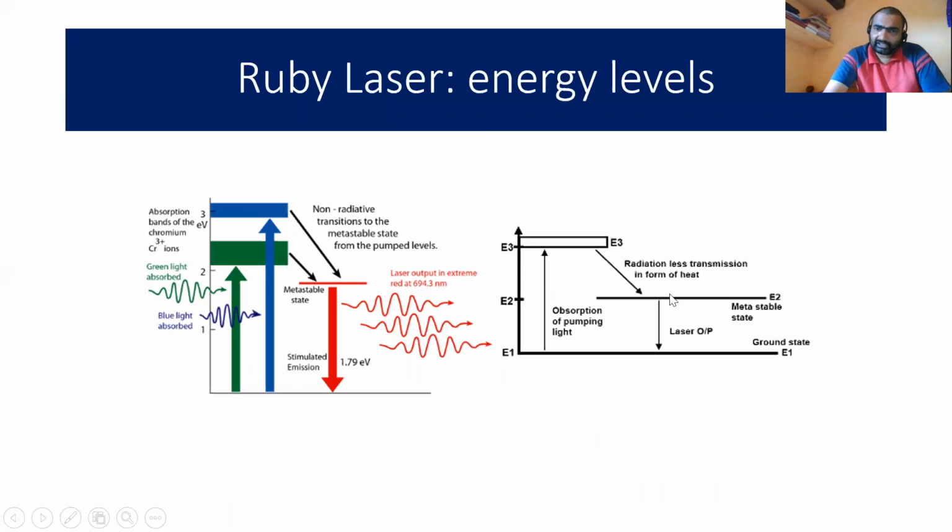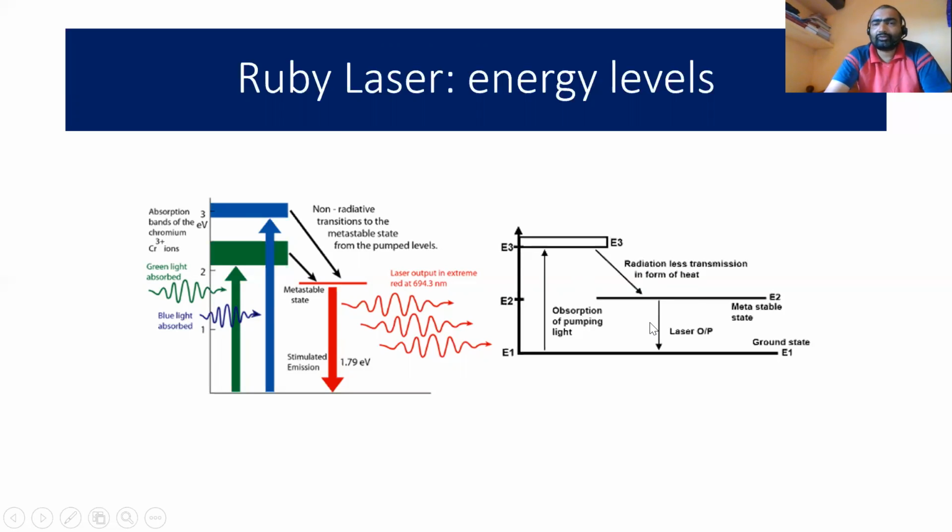Initially one of the chromium ions de-excites from E2 to E1 by spontaneous emission, emitting a photon of wavelength 6943 angstroms. This red photon will stimulate another chromium ion from E2 state to E1 state, thereby emitting two photons.